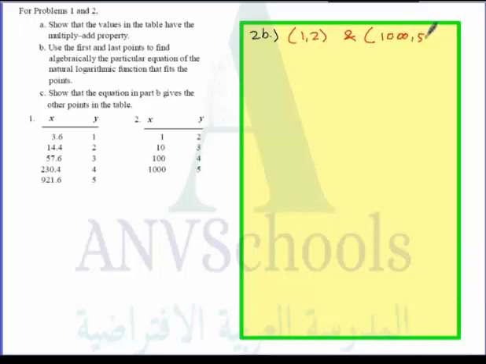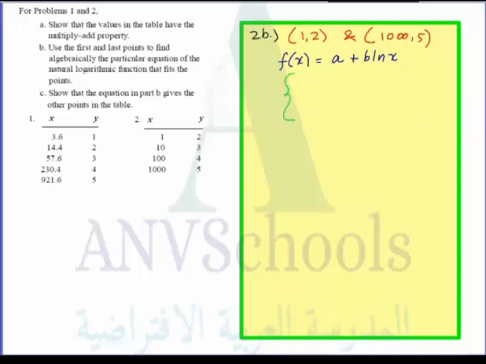So again, using the general formula for the logarithmic function, y is equal to a plus b ln of x. This is for the natural logarithm. We would definitely want to find two equations with two unknowns.